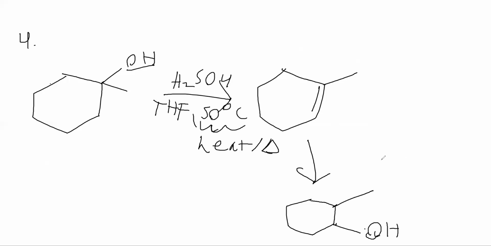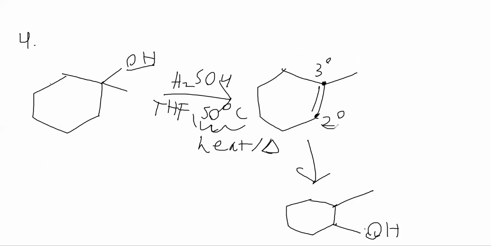So this double bond here, we have this carbon up here and this carbon down here that the oxygen can attach to, and it wants to attach to the bottom. This is tertiary for the carbon. This is secondary.